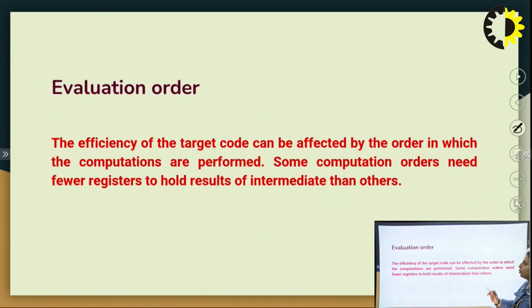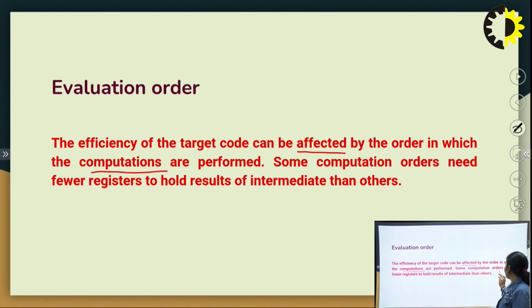The last design issue is the evaluation order, meaning in which order the instructions have to be evaluated. The code generator will decide the order in which the instructions can be executed. The efficiency of the target code can be affected by the order in which the computations are performed.